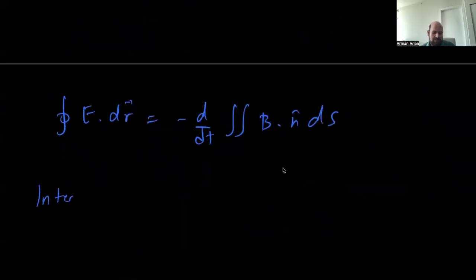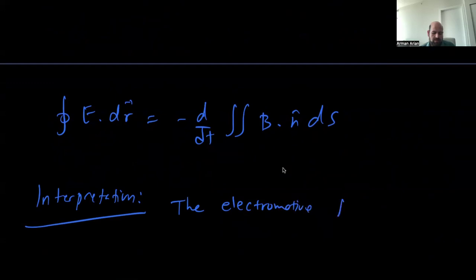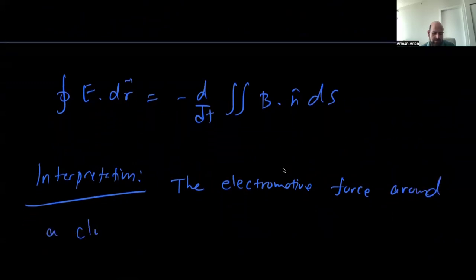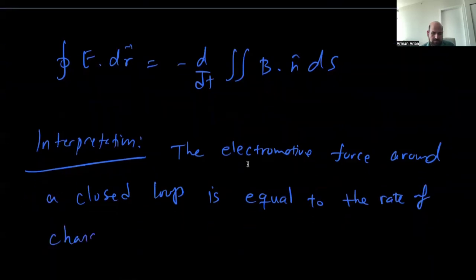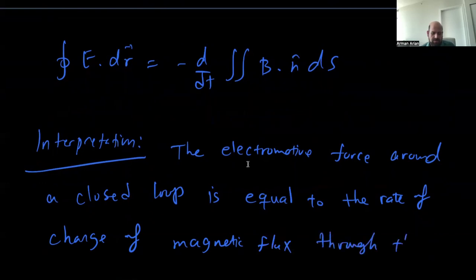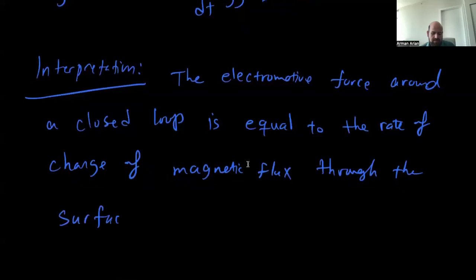So the interpretation is that the electromotive force around a closed loop, the line integral around a closed loop, is equal to the rate of change of magnetic flux through the surface it bounds.